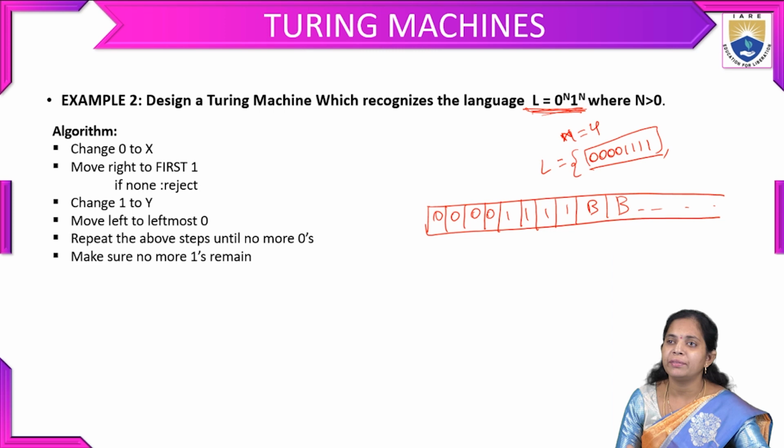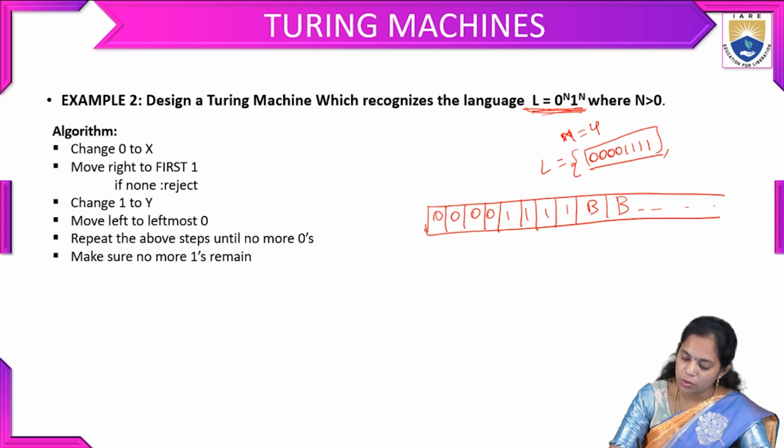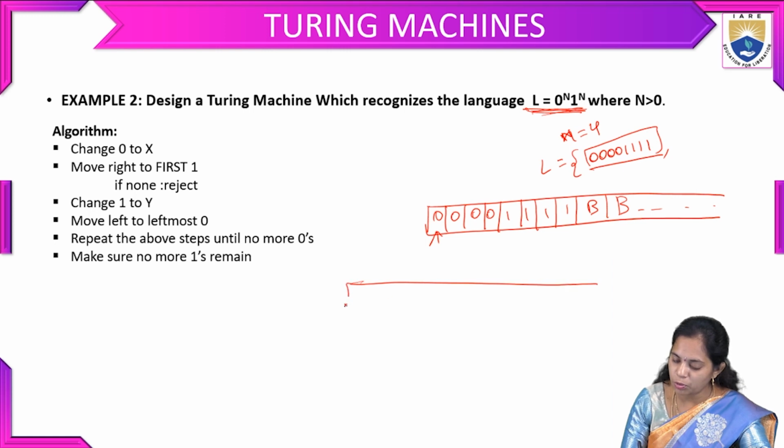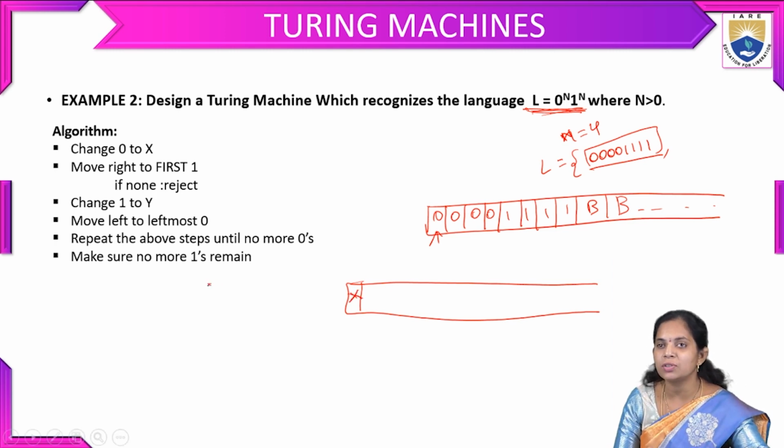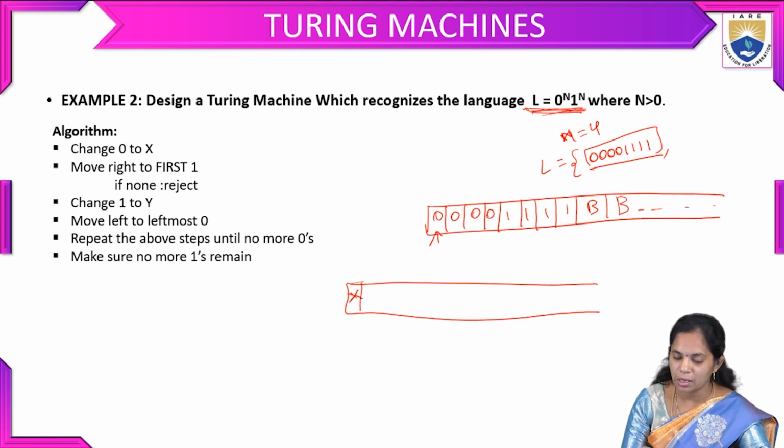First step, what we have to do: whenever 0 is there, we have to read and write it as an X. So here this head is at 0 and we will replace it with X. So here we will take one output tape. So what is the output tape for this one? X is there, and we will follow this algorithm and construct the Turing machine. And here 0 is replaced with X.